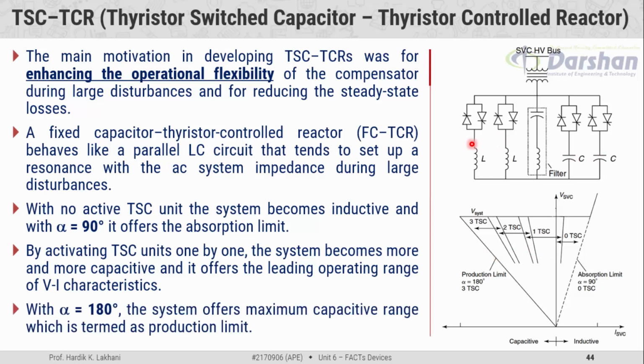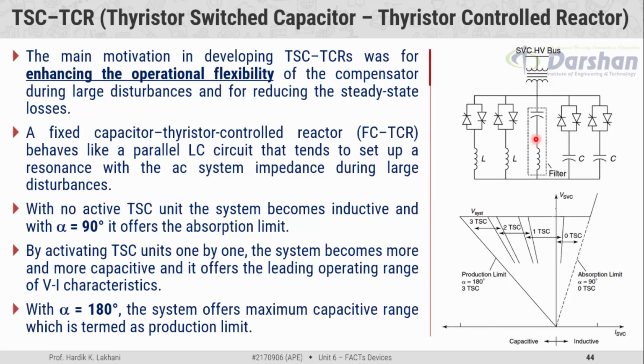For alpha equal to 180 degrees, these inductive branches are not conducting, whereas all the capacitive branches are conducting. So the maximum amount of capacitive reactance is present in the system and the maximum amount of reactive power gets injected, or you can say the maximum amount of reactive power is produced by the compensator.